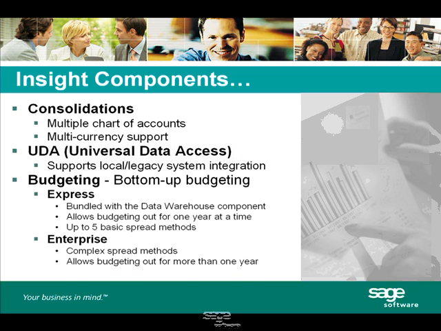And Insight also has budgeting capabilities, which comes in two flavors, Budgeting Express and Budget Enterprise. Both allow users to efficiently create and complete their budgets in a bottom-up fashion. At this point, we'll take a look at Accpac Insight and see how easy it is to analyze our data.